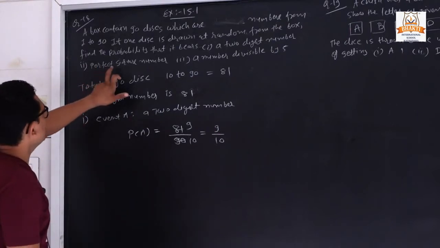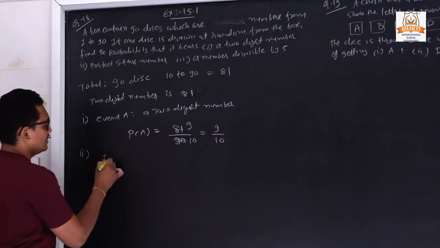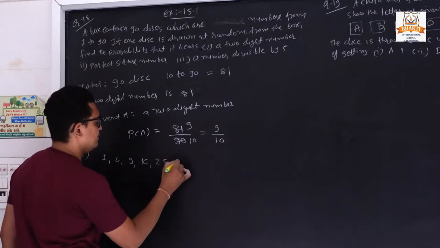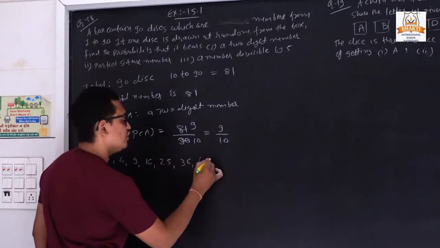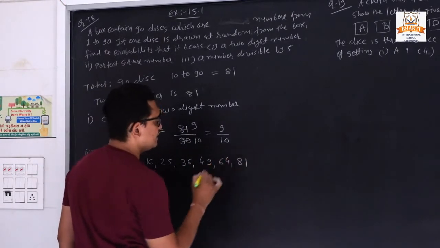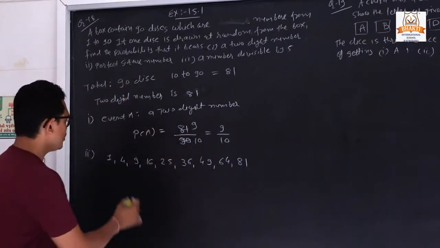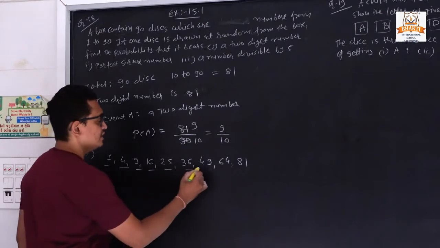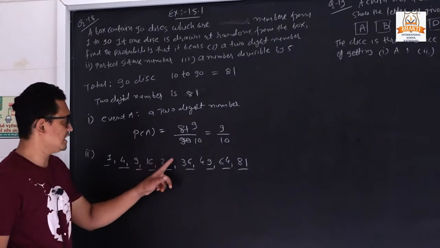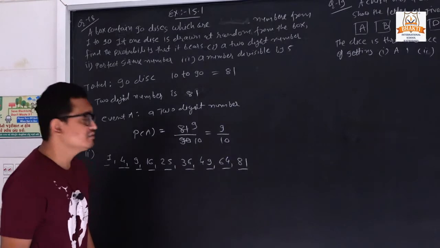Now second, a perfect square number. So perfect square means what? 1, 4, 9, 16, 25, 36, 49, 64, 81 and 100, but 100 is not between 1 to 90. So how many are the perfect square numbers? These all are perfect square numbers. So it is 1, 2, 3, 4, 5, 6, 7, 8 and 9 numbers which are perfect squares.